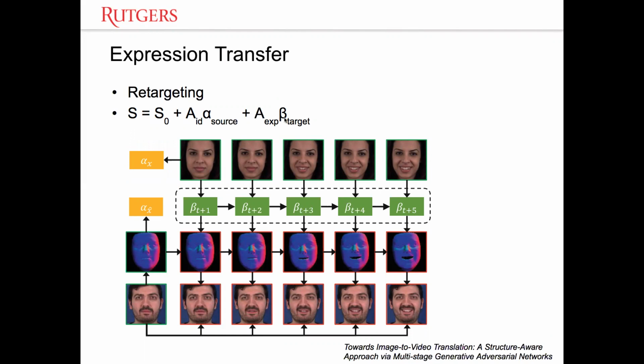We can replace the source image's expression with the target's expression and re-render, so that the target face has the same expression as the source image. And of course, you can do the other way around if you are able to convert a 3D morphable model to different face identities in the image space.